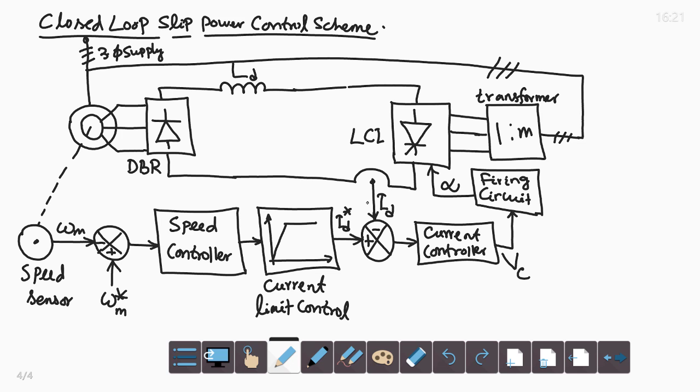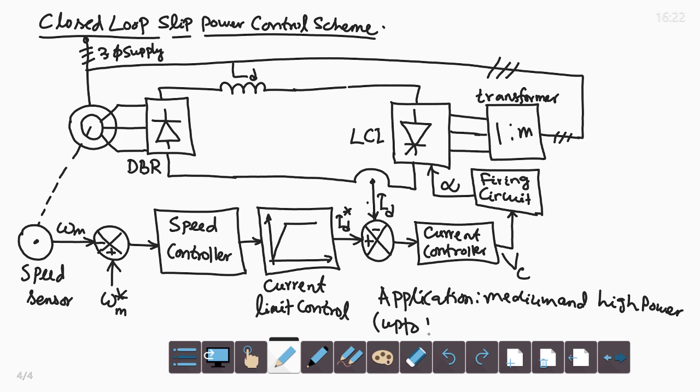The application of this closed loop speed control drive is in medium and high power drives, high power meaning up to 10 megawatt, such as high power fan and pump drives.